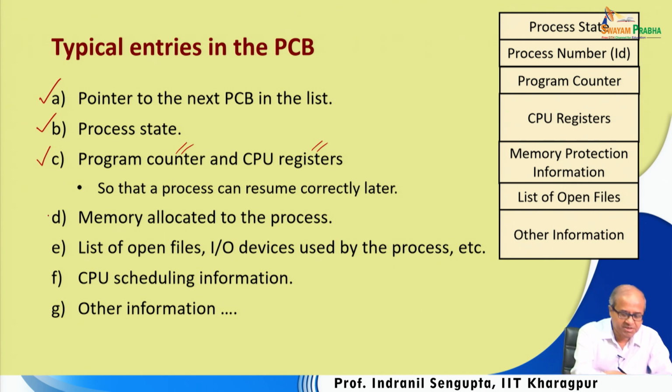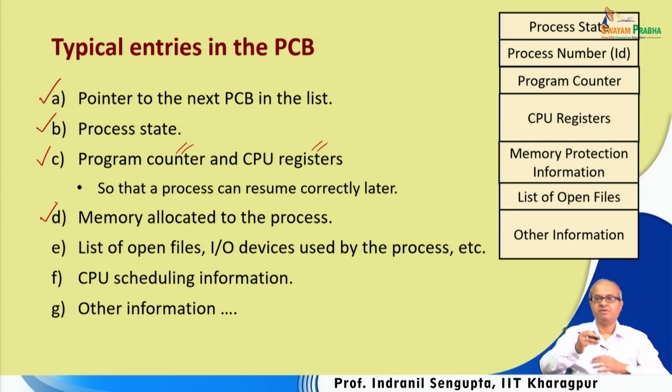So, some information about memory allocation must be there, because let us say sometimes in the future, because of memory shortage, some of the processes may have to be swapped out to one of the swapped ready or swapped block states. Then the memory that was being used by that process can be deallocated or freed, so that other processes can use it, right.